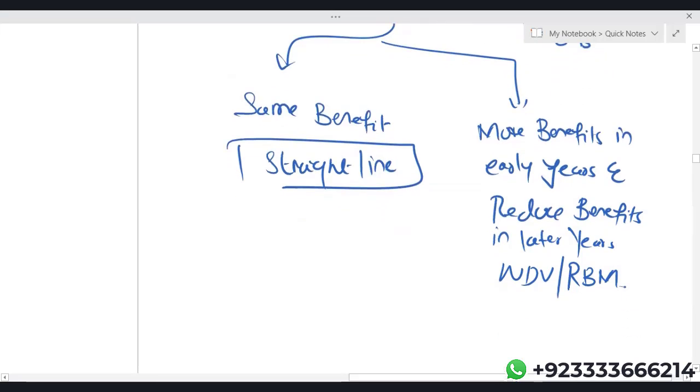So you need to make sure that the depreciation method should match with the pattern of economic benefits.